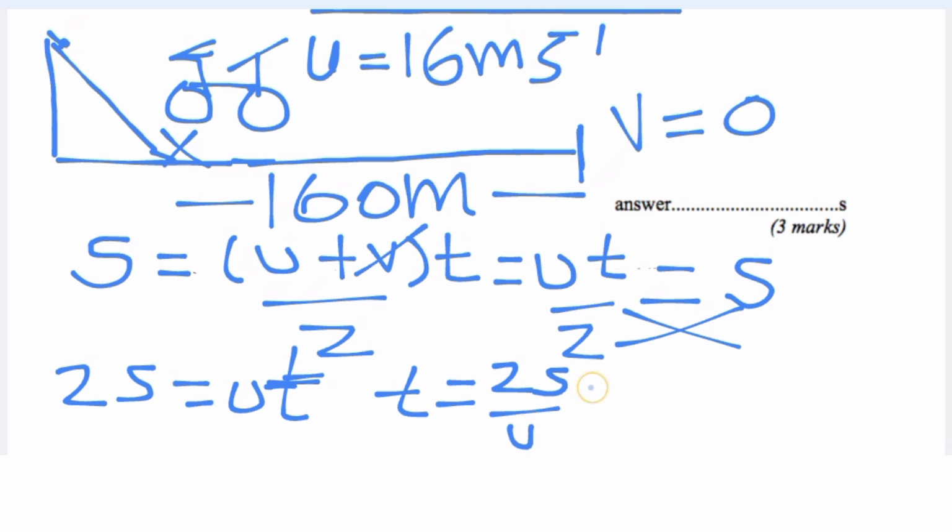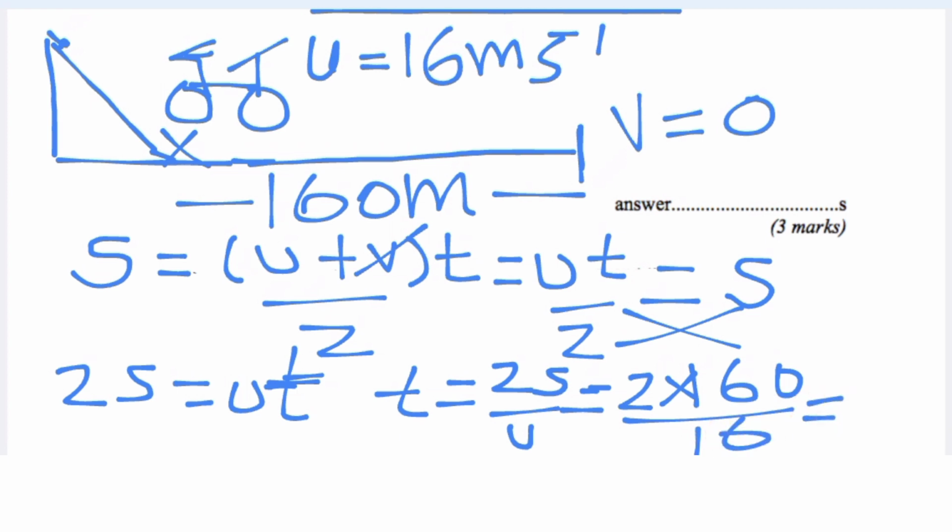All right, so 2 times s is 160 meters, divided by u, which is 16, right? So when we divide this, we get 20 seconds. It will be 20 seconds.